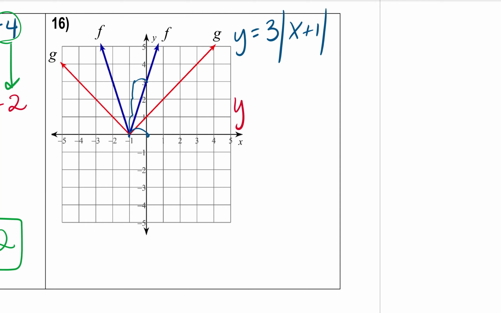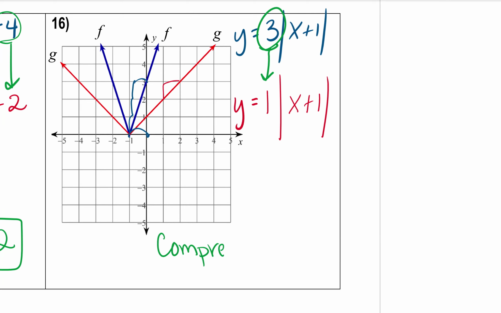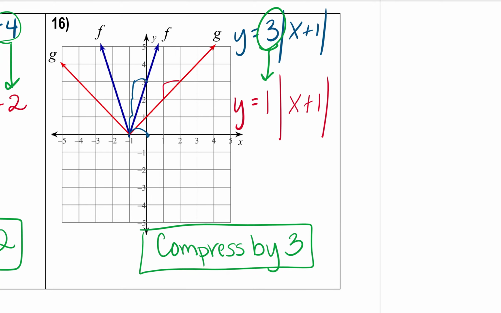And then y equals, my slope here is up 1 over 1, so 1. And I still move left 1. So all I gotta do is figure out what I divide 3 by to get to 1. Well, 3 divided by 3 is 1, so I compress by 3. And that's it. Pretty easy.